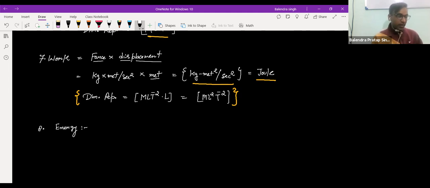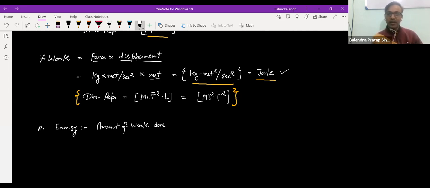We define energy as the amount of work done. So the unit of energy is the same as work done. As you know, the unit for work is joule, and the unit for energy is also joule. We will discuss briefly the relation between work and energy in our next chapters.